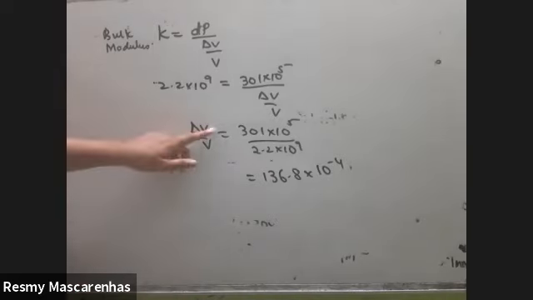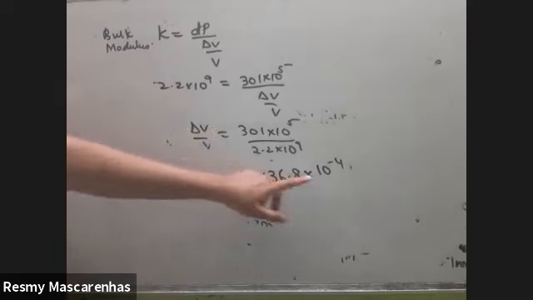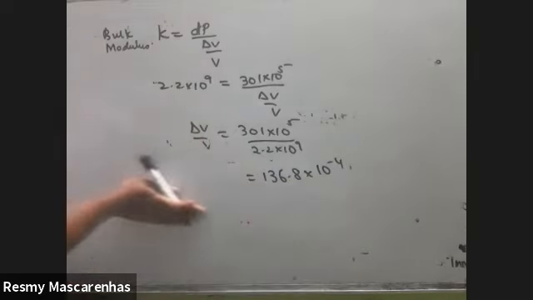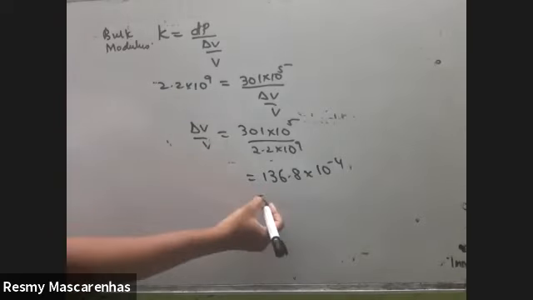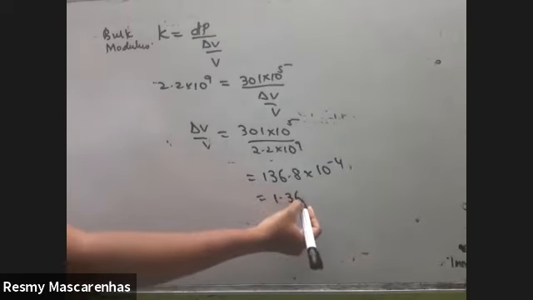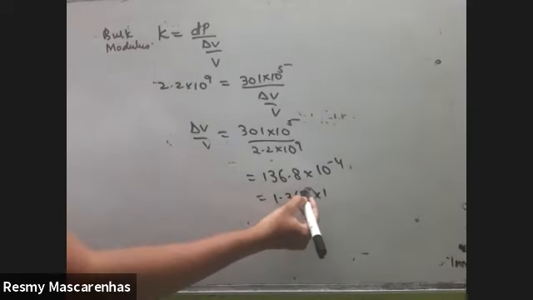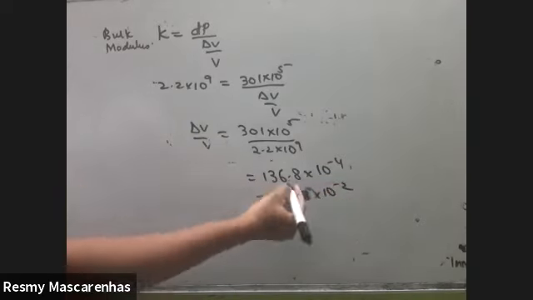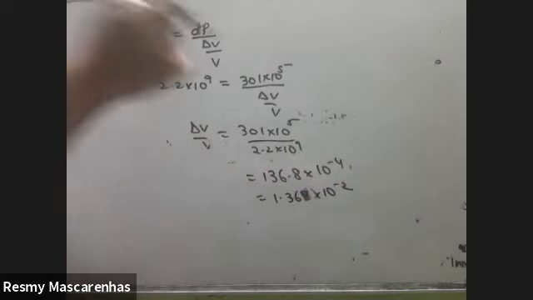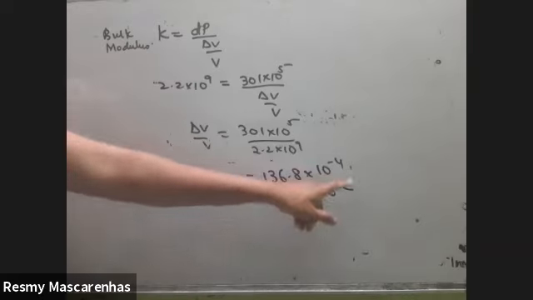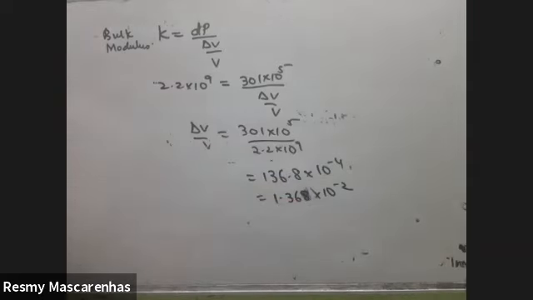Because if this was also centimeter cube or meter cube, both would have cancelled. That's the answer. If you write it like this also, it's correct. Shifting this side, either you write like this or 13.68 into 10 raised to minus 3 also.